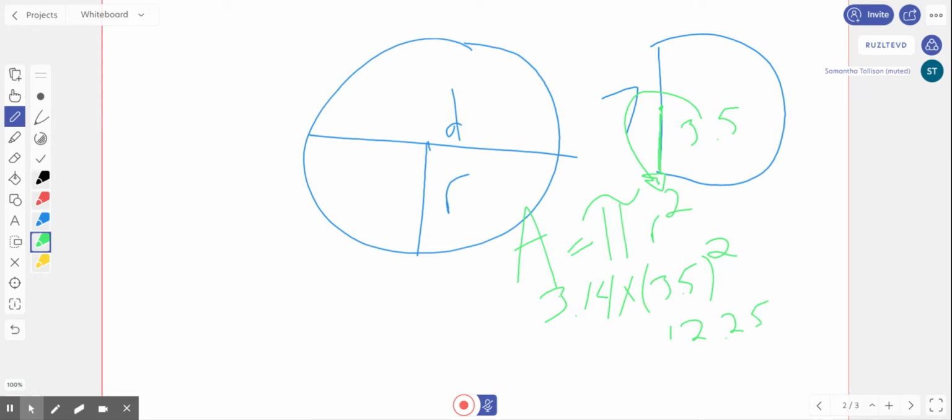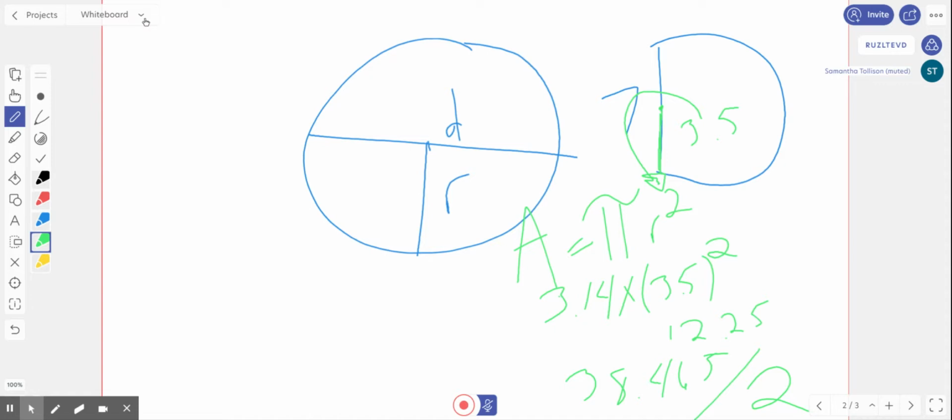I'm going to go ahead and multiply that now by 3.14, and I get 38.465. That's great. That's the area of a circle, but the problem is this is a semicircle, so I'm going to take that number and divide it by 2.